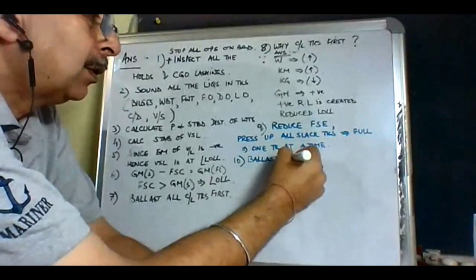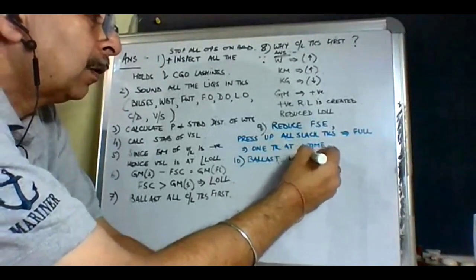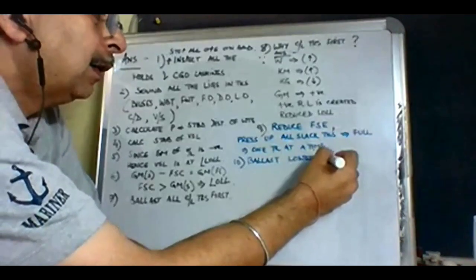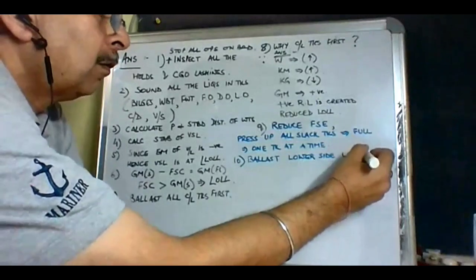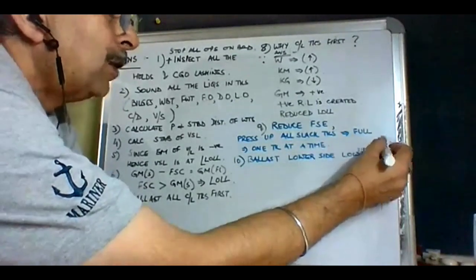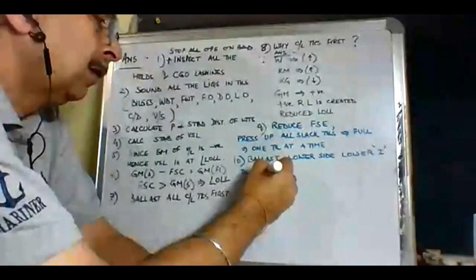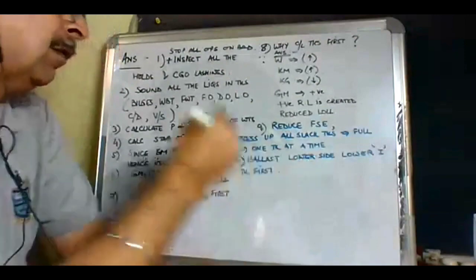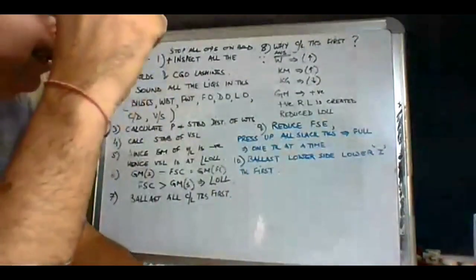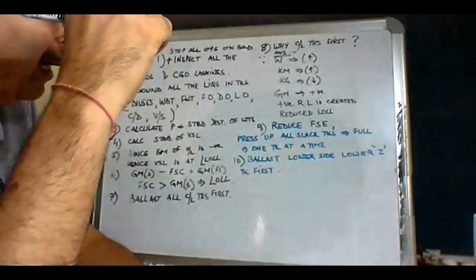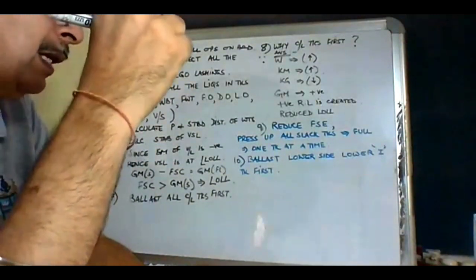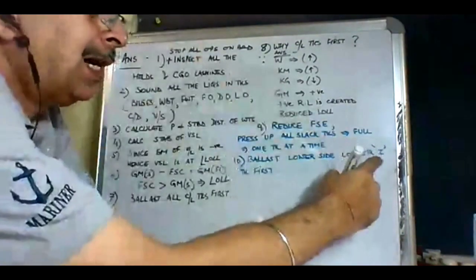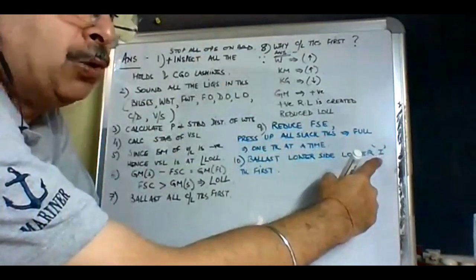So ballast the lower side, lower I moment of inertia tank first. Ballast the lower side, lower I tank first. In a typical case, the moment of inertia I is proportional to LB cubed.